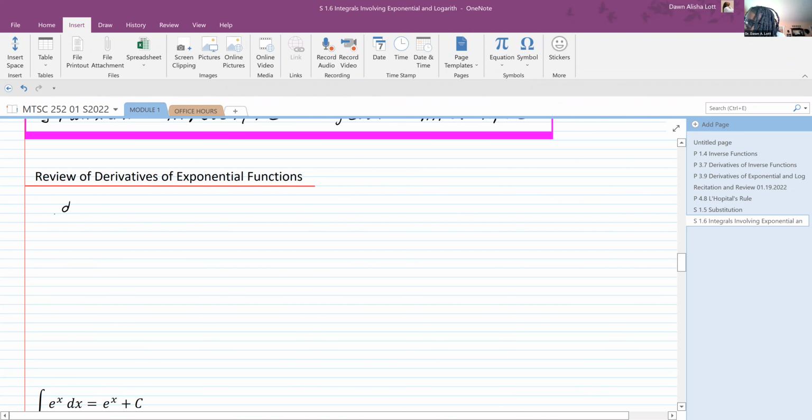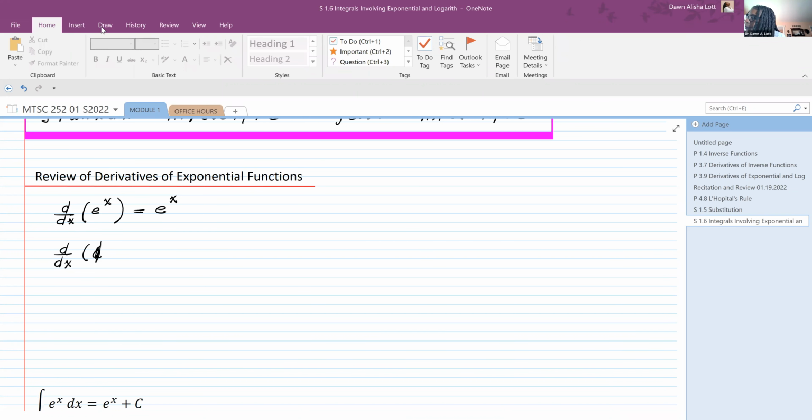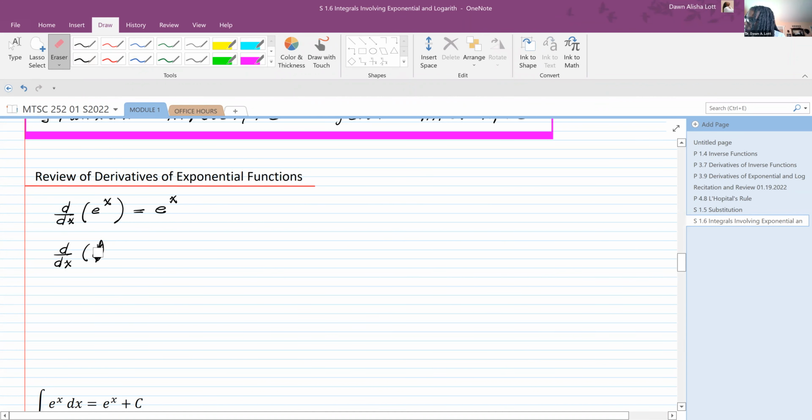The derivative with respect to x of e to the x is e to the x. And the derivative with respect to x of e to the u of x is equal to e to the u of x times du dx.